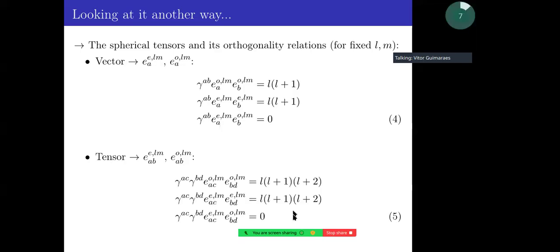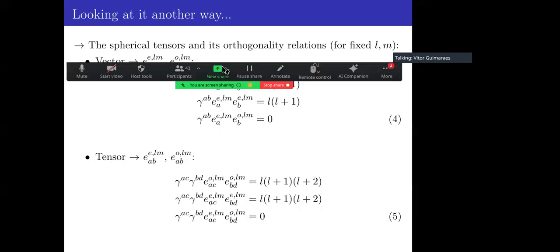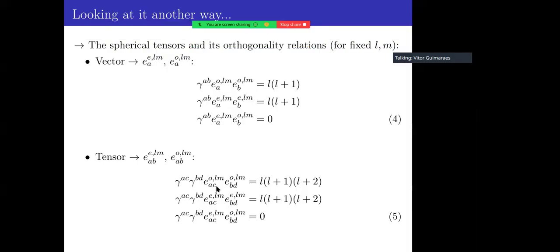And in analogous form, we can arrange the same for the tensors. If you take the inner product of a tensor with another tensor, which basically means a contraction applying the metric two times, one for each pair of indices. So here we defined an even tensor and the odd tensor. This is the exact same way we did here.